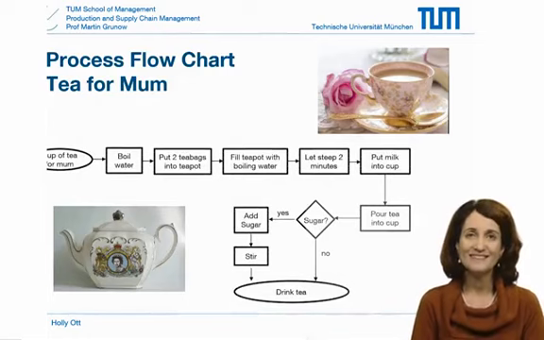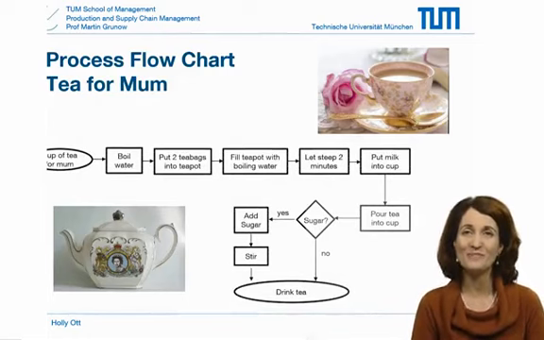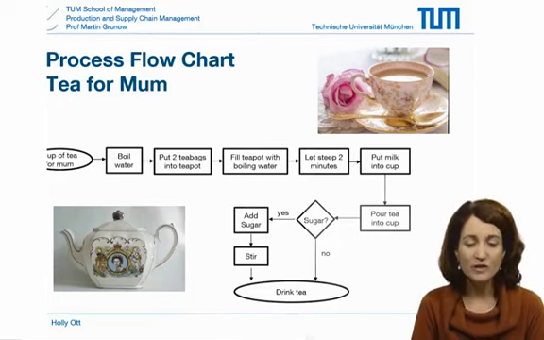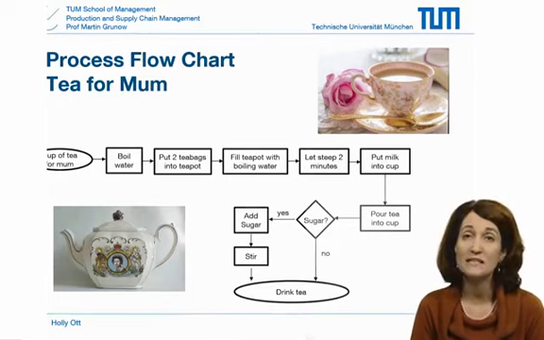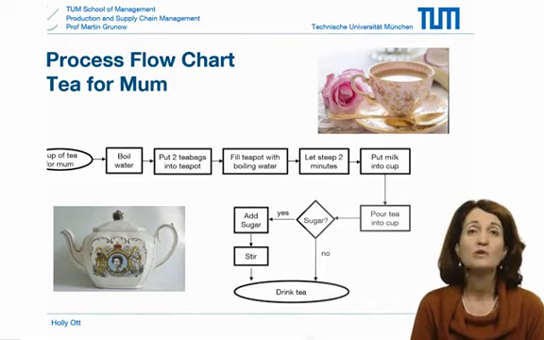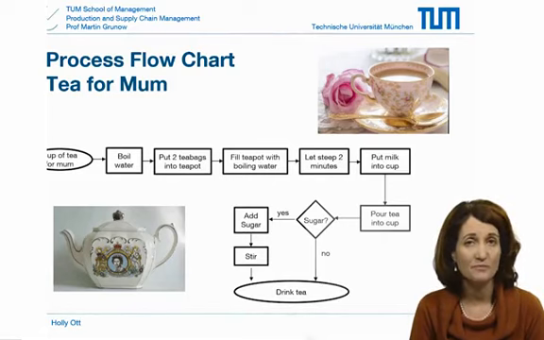From course 1, I think you remember as a part of Measure, we discussed the importance of process mapping. And we created these process flow charts like this T for Mum chart. We defined process mapping as first identifying all the steps in a process and mapping these steps as they occur. We needed to identify the inputs, the outputs, and the controls at each step.